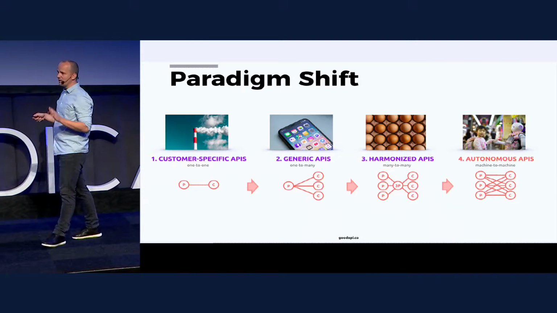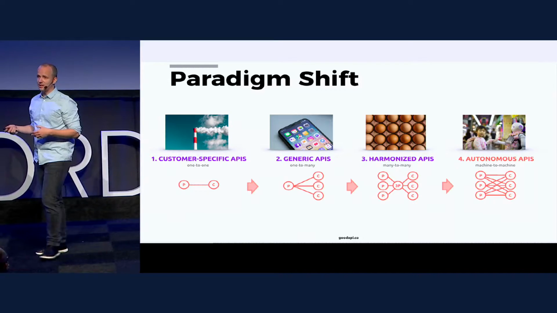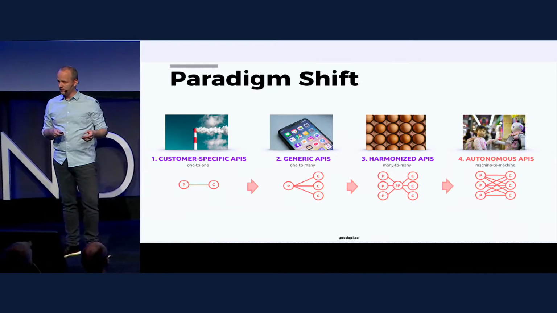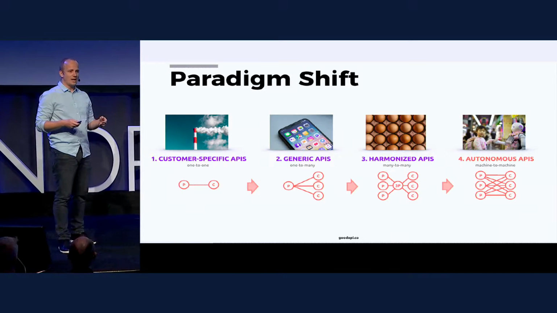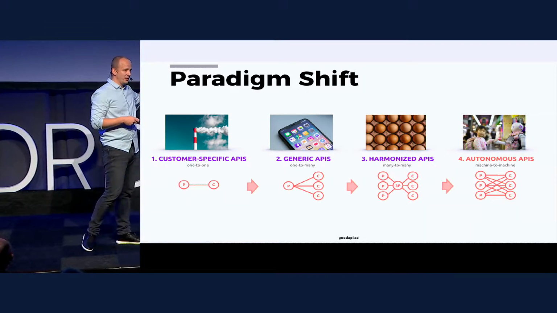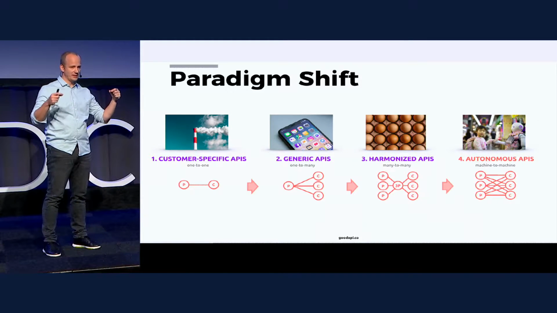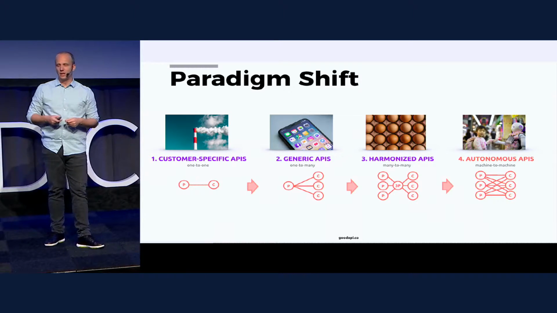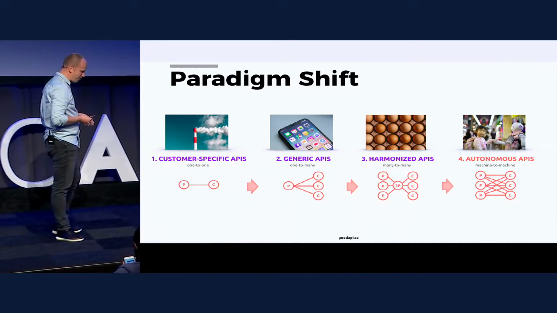That's where we are. We are transitioning to harmonized APIs because clients nowadays usually consume more than one API in their code, right? That's why you start to see these third-party vendors, these harmonization layers in between the communication. They are harmonizing maybe APIs from one domain. So this is what I call harmonized APIs.